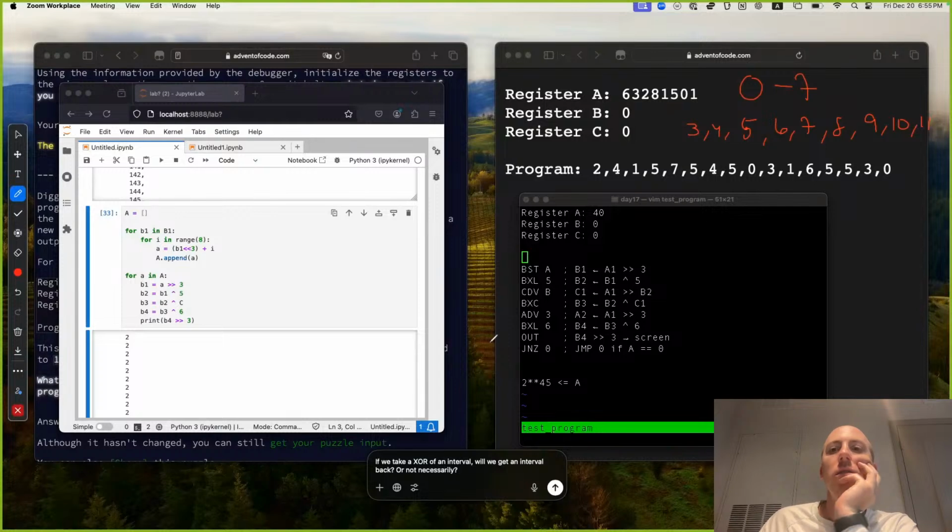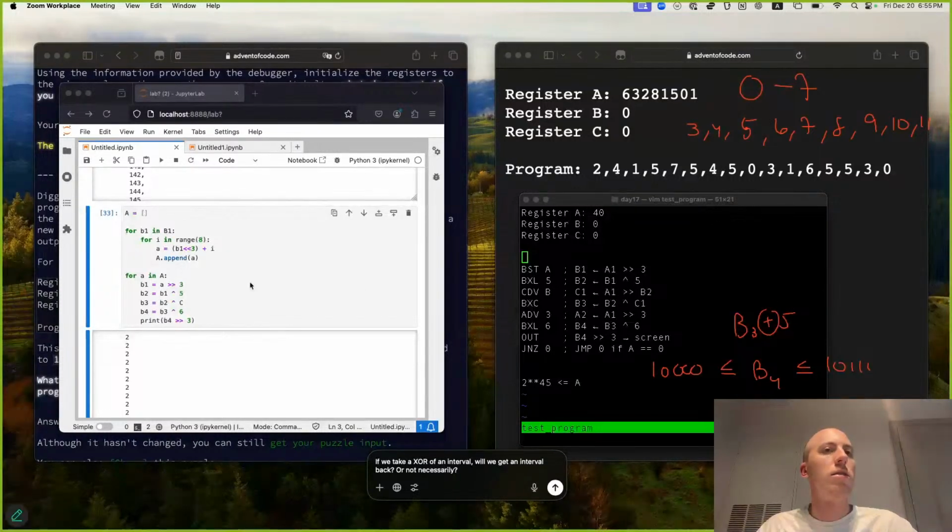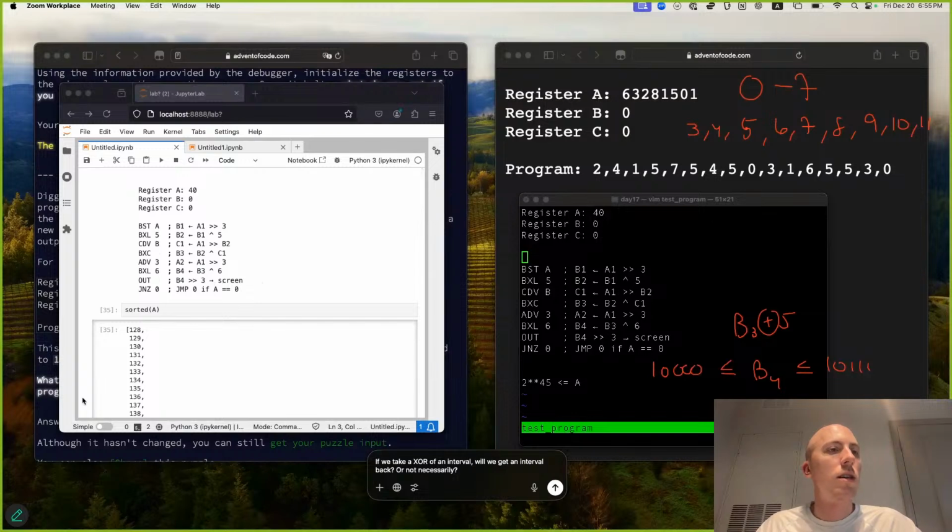So we could look at these values and see if we can reason on the interval. So B4, going back to our classic thing, we have B4 is equal to B3 XORed with 6.